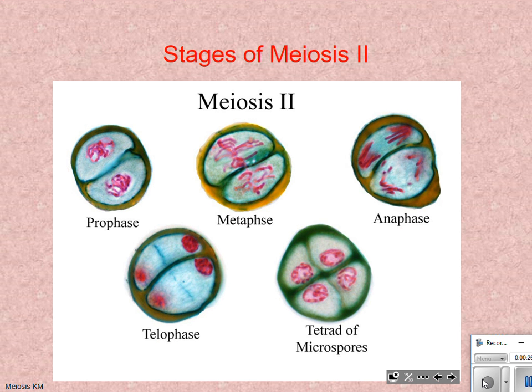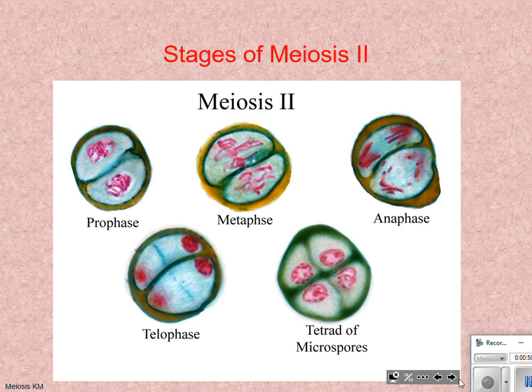PMAT: prophase, metaphase, anaphase, telophase. The difference is that we had two different stages of meiosis. So during meiosis, it goes through PMAT twice.